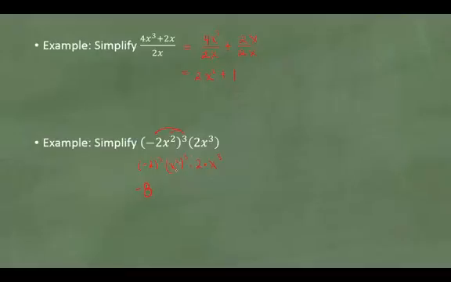X squared cubed is x to the 6th. We multiply, times 2 times x cubed. And then remember, negative 8 and 2 can be multiplied. Negative 16. X to the 6th times x to the 3rd is x to the 9th.